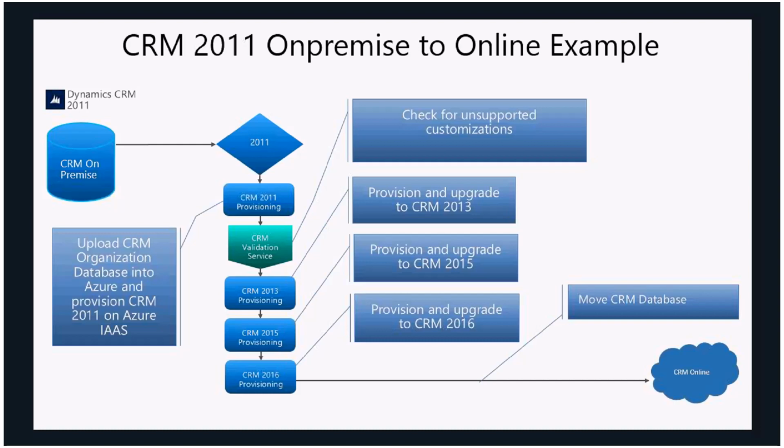Then we run the validation check. Once the validation check has been run and we have made sure that all the customizations are in supported state, we upgrade that DB from 2011 to 13, then to 15, and then to 16 automatically. And then we go to the next step where we provide the unique sandbox name and migrate over to online.